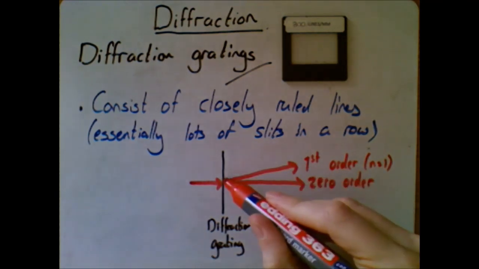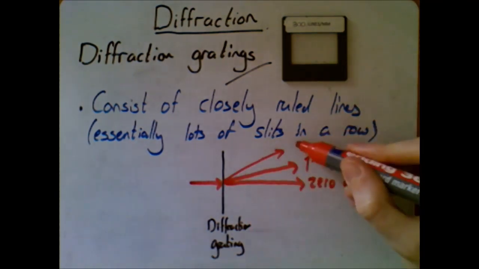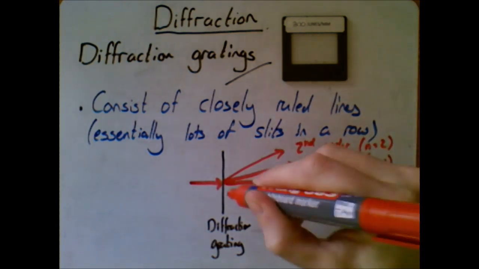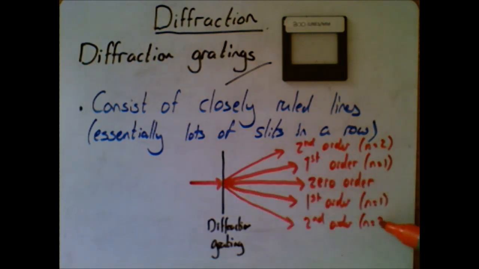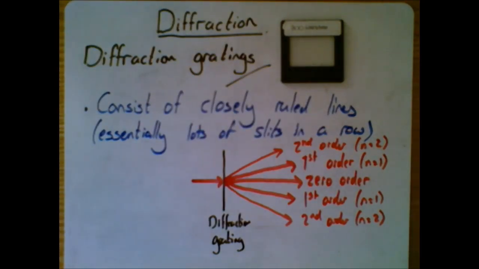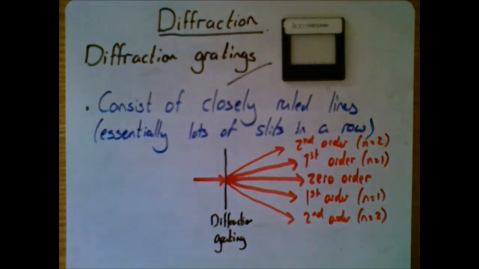Then a bit further out here, we'd have another maximum. That would be our second order maximum, or n equals 2, and so on. Both sides are going to have the first, second, and third order, and so on, however many are actually visible in that particular case.